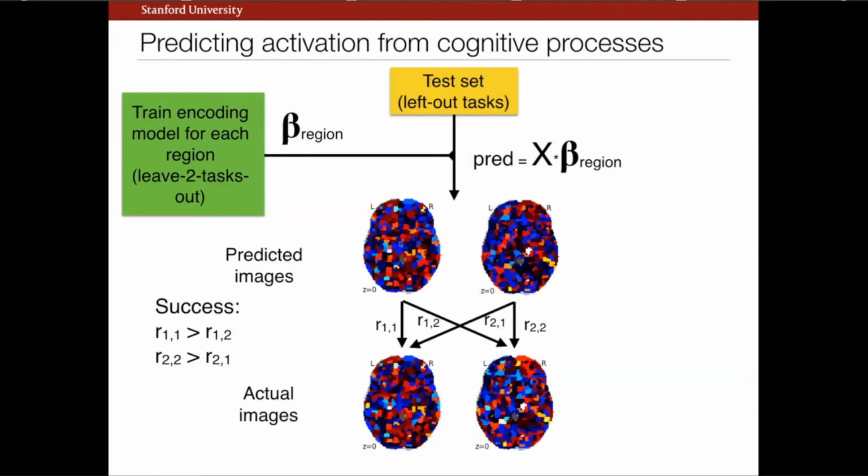And so we say if our predicted image for task one is closer to the actual image for task one than task two, where close means higher Pearson correlation, and likewise, if the predicted image for task two is closer to the actual image for task two than task one, then we say that we are successful if we get both of those right.